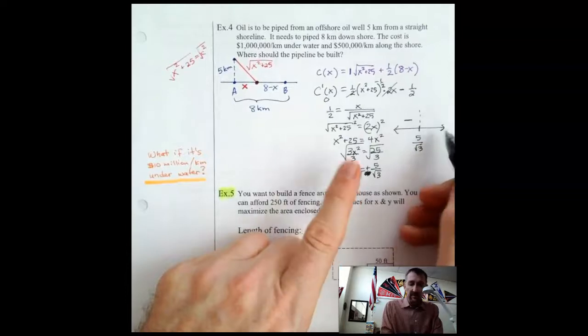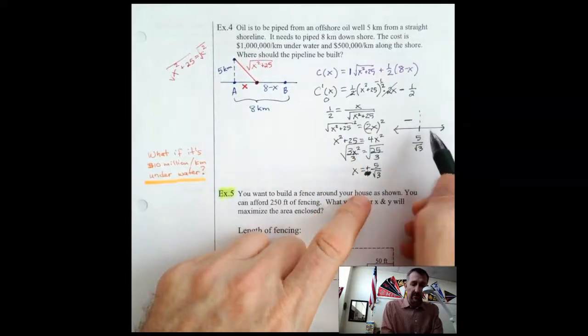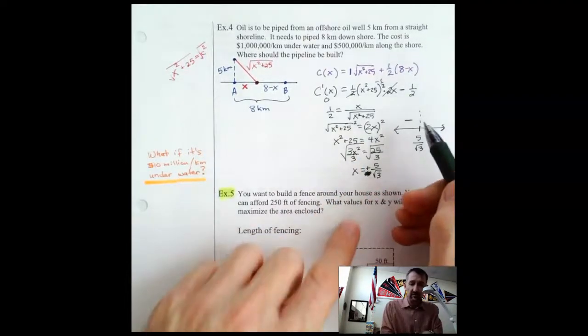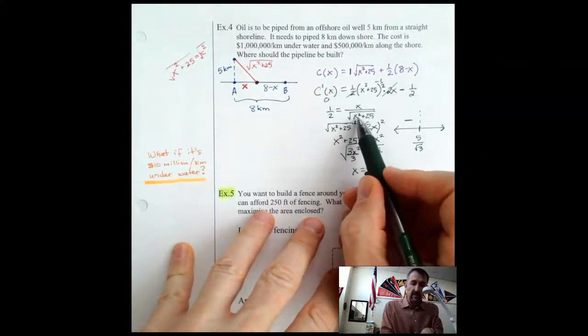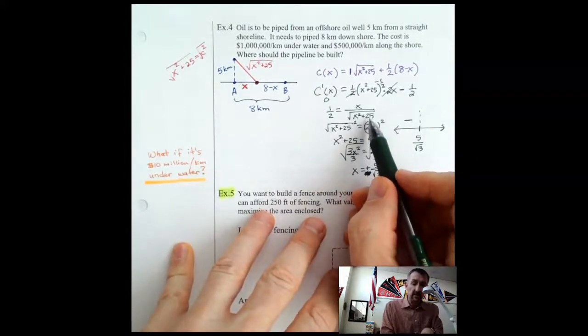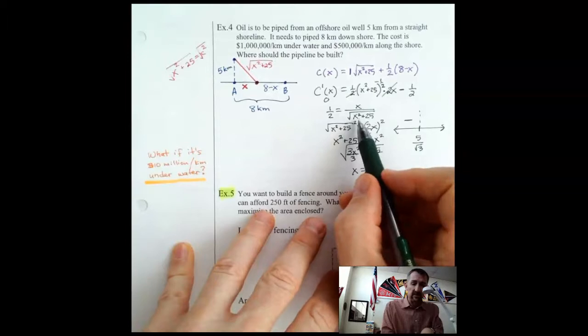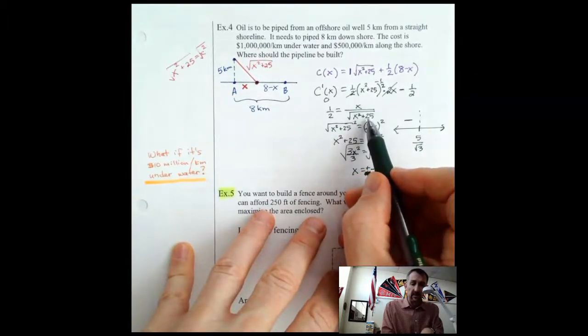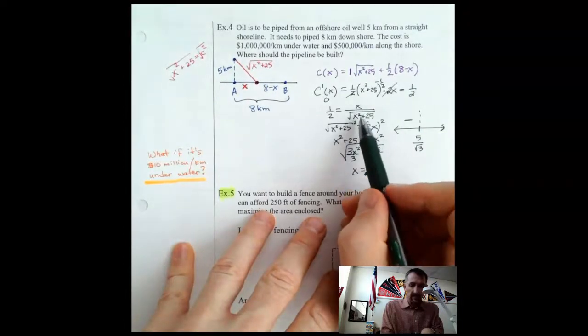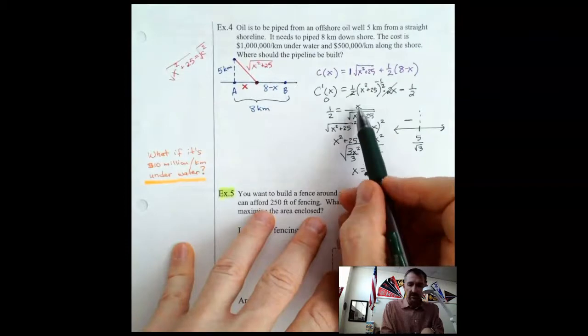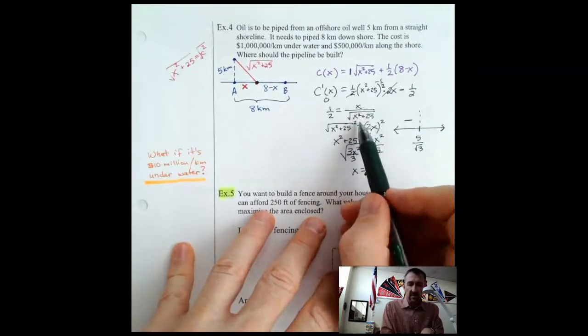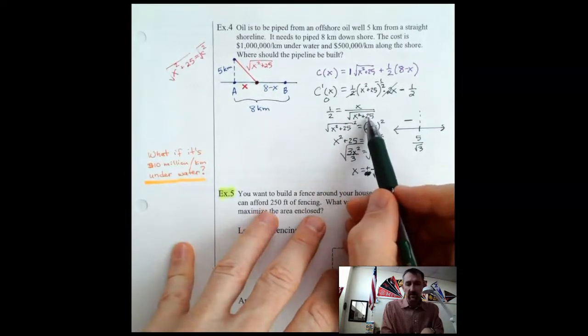And then if we plug in, I don't know, what would be a good number to plug in? 9? No, not 9. Trying to think of something that's going to work well here. Let's do 10. So 10, and then this is 125, which is a little bit more than 11.